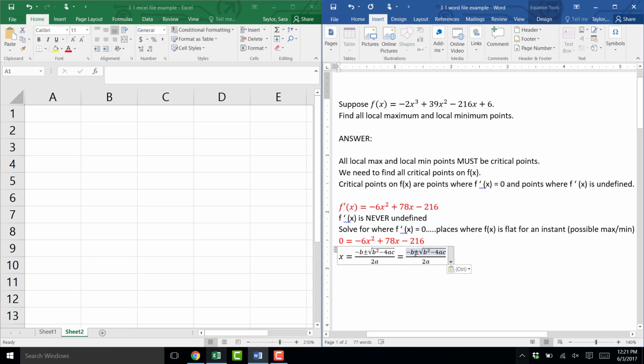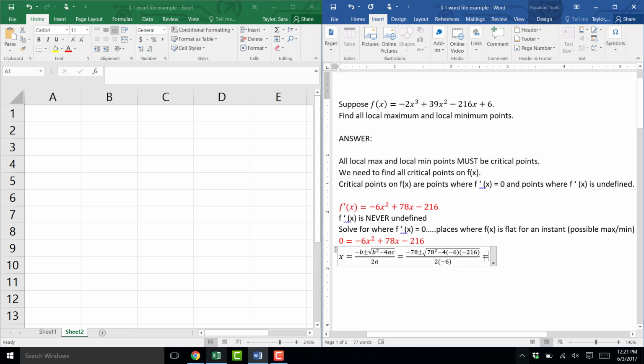It's negative b, so that's negative 78, plus or minus the square root of 78 squared, minus 4 times a times c, so that's 4 times negative 6 times negative 216, over 2a, and that would be 2 times negative 6. I'm going to just use Excel in this case to help me actually calculate this mess.